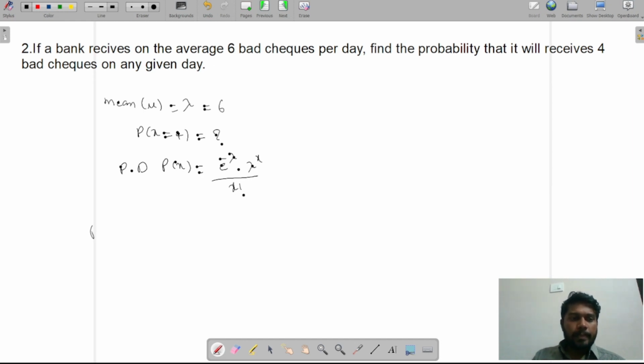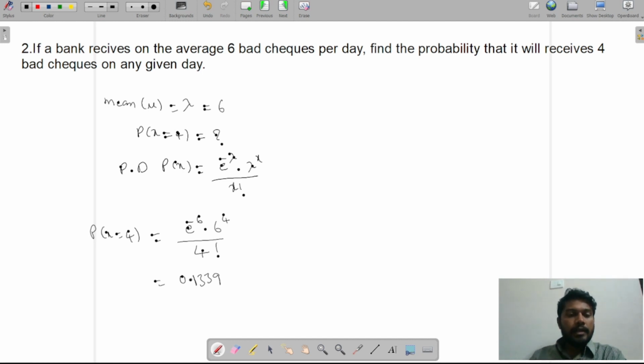So now P of x equal to 4 is equal to e to the power minus 6 into 6 to the power of 4 by 4 factorial. Then the result is 0.1339. So this is the probability of getting 4 bad checks on any day.